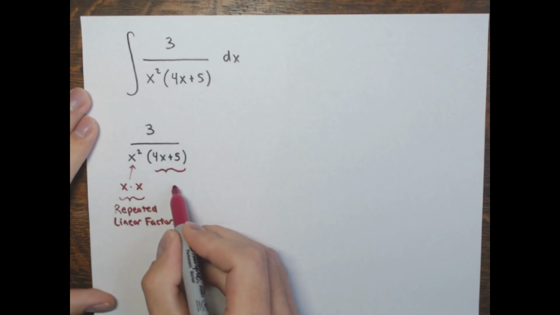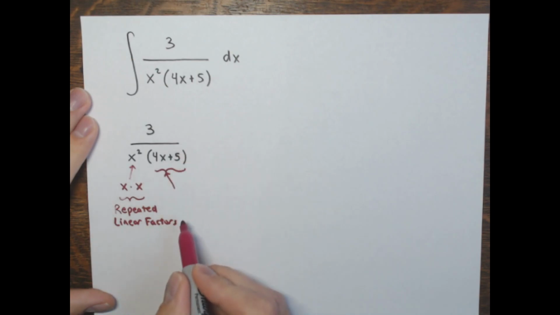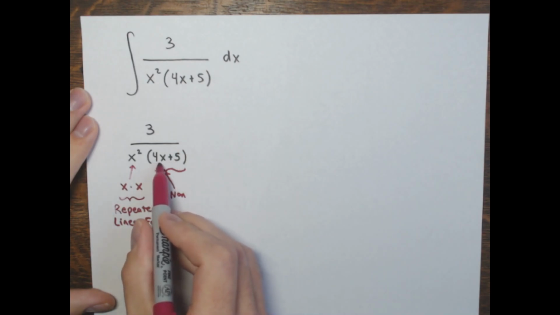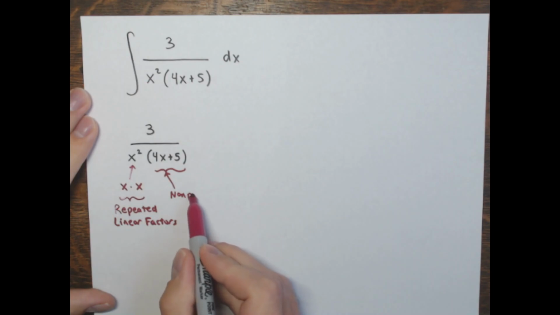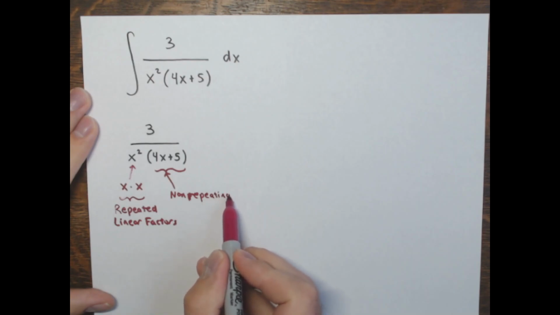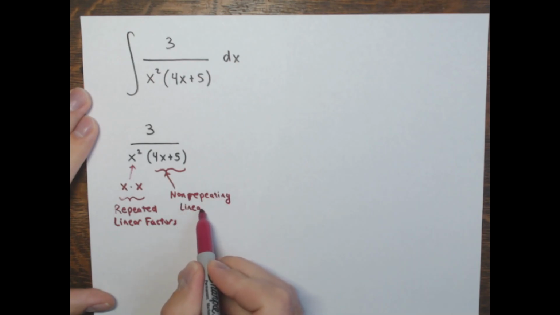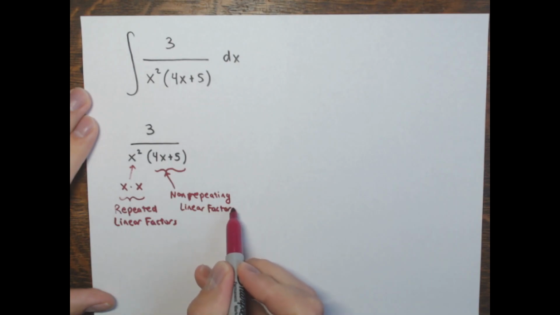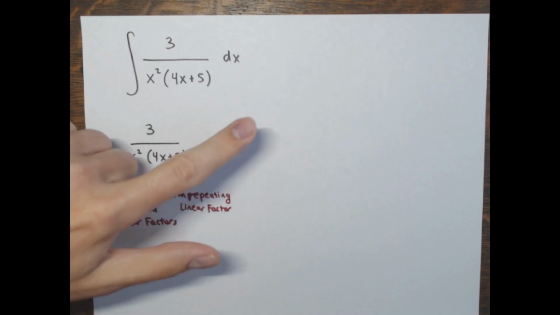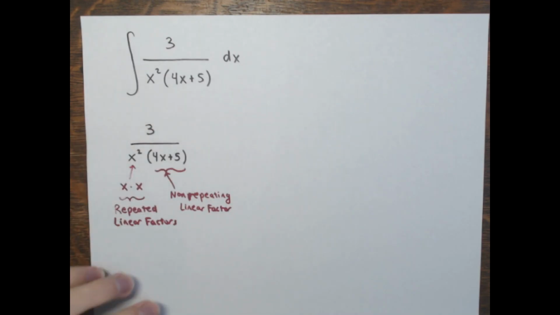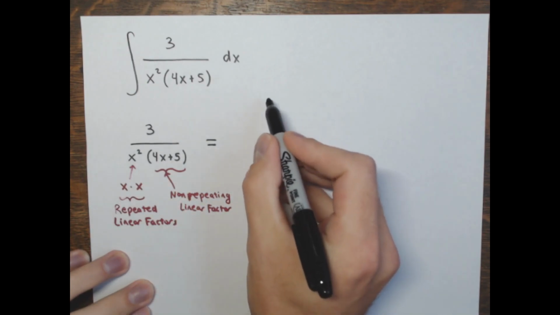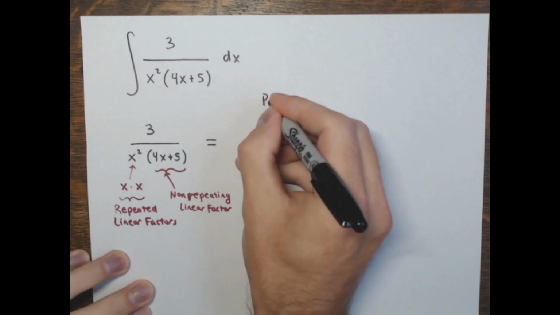And then the 4x plus 5 is, of course, to the first power. So this is a non-repeating linear factor. It's 4x to the first, right? So non-repeating linear factor. Okay, but I just have a bunch of linear factors here: x, x, and 4x plus 5. Right, so what we're going to do is split this up into what's called the partial fraction decomposition.